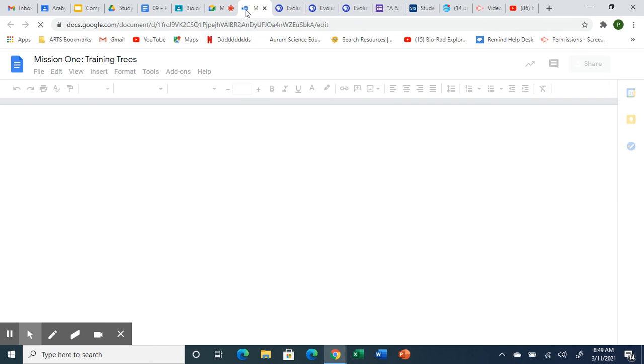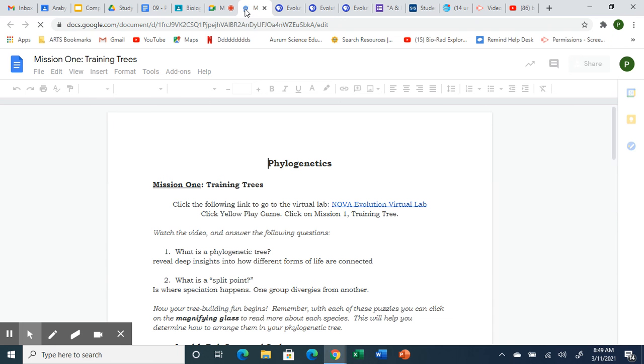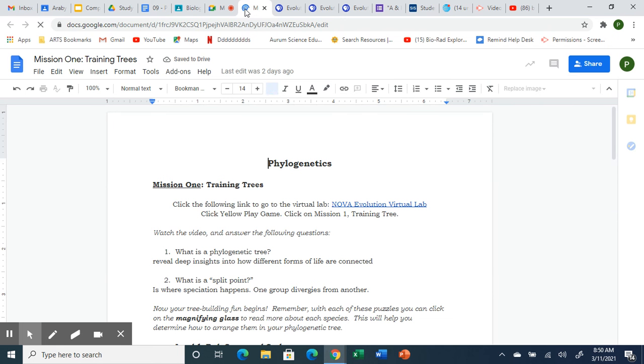So let us go back here to our evolution. Lemon tree, onions, radishes.